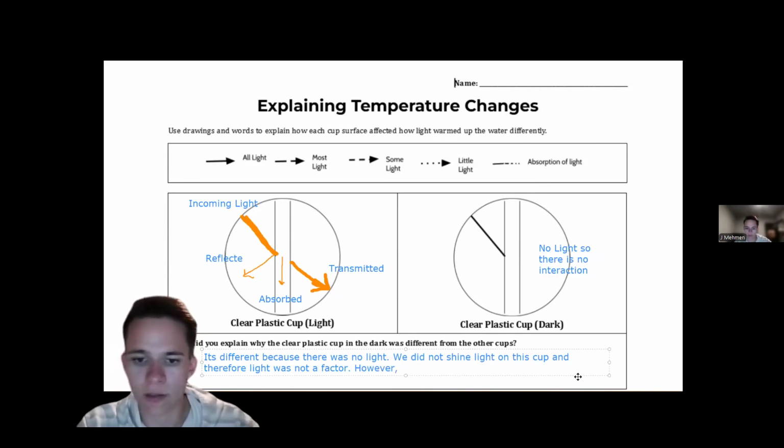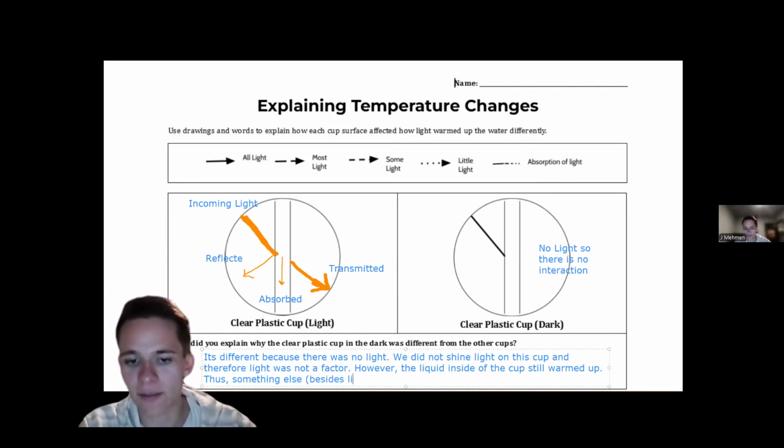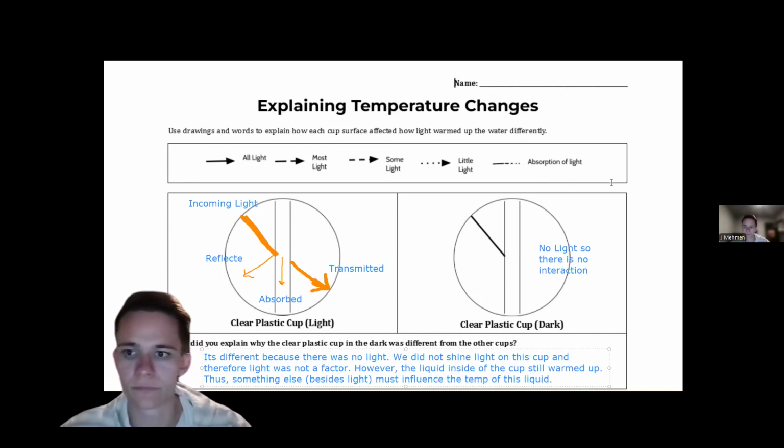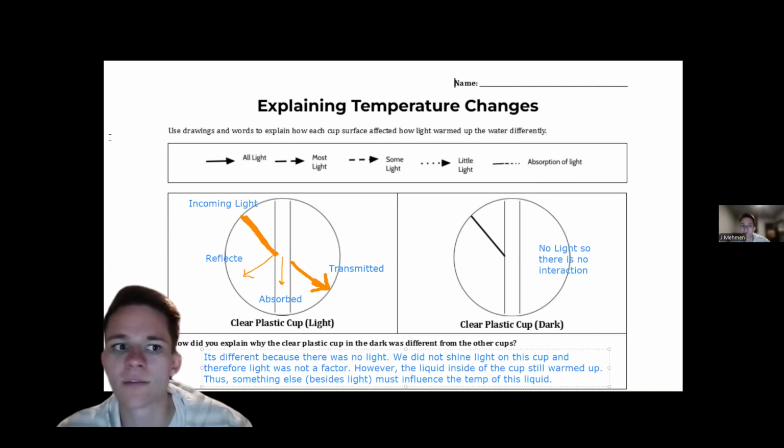However, the liquid inside of the cup still warmed up. Thus, something else besides light must influence the temp of this liquid.